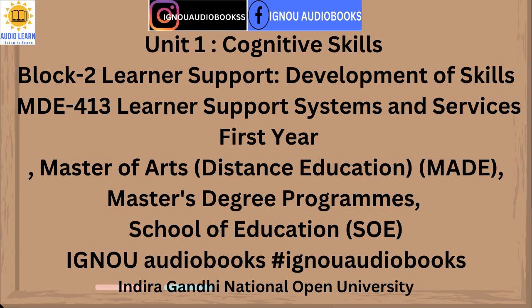Bloom has depicted the 6 cognitive levels of thinking in a stairway. It starts with the lowest level named knowledge and ends with the highest level termed evaluation. The sequence from the lowest to highest level is knowledge, comprehension, application, analysis, synthesis, and evaluation.